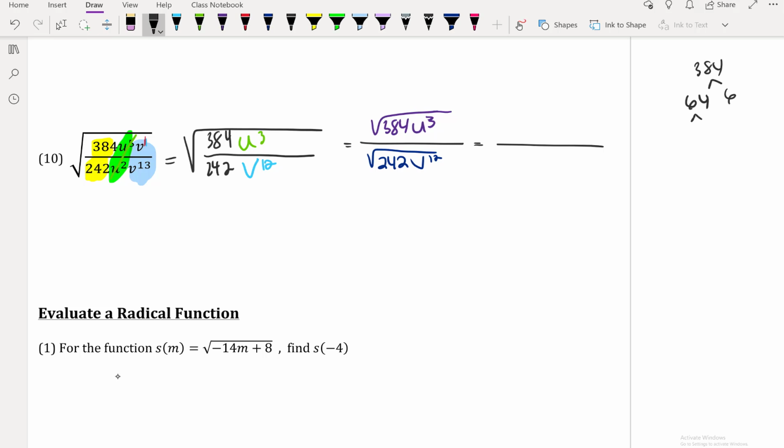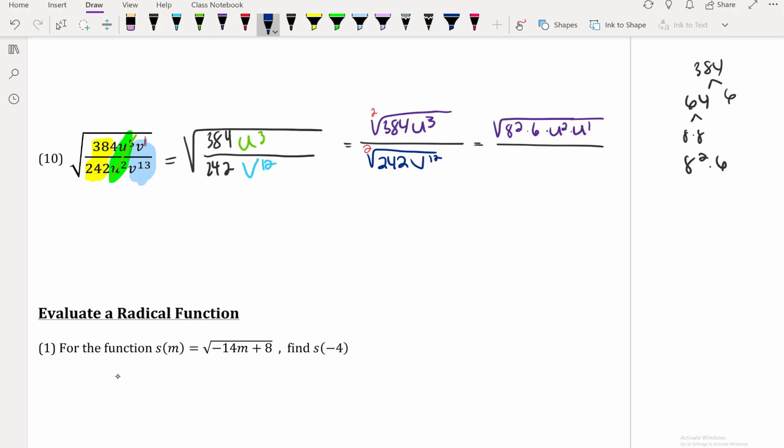And 64 is really just 8 times 8. So I have 8 squared times 6. So in my numerator, I'm going to rewrite that as an 8 squared times 6. And remember, I'm writing all this so it can be divisible by 2 because my index is 2. And I have a u squared times u.